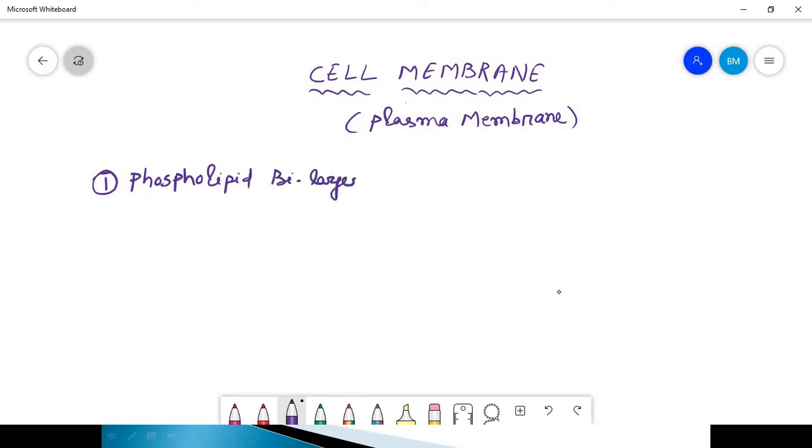That means the plasma membrane consists of two layers of phospholipid. If these are the phospholipids, they form the phospholipid bilayer.